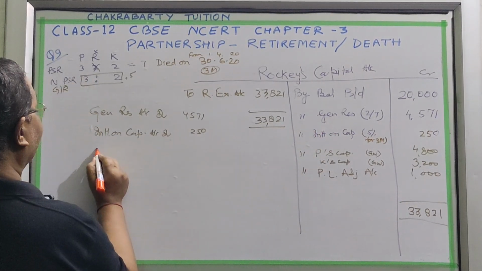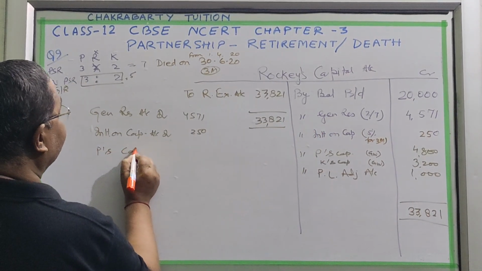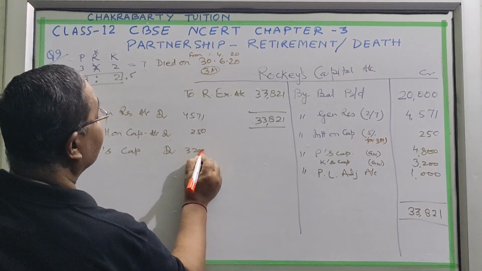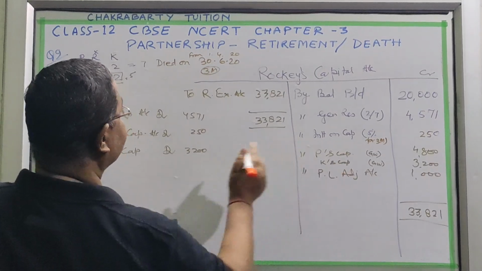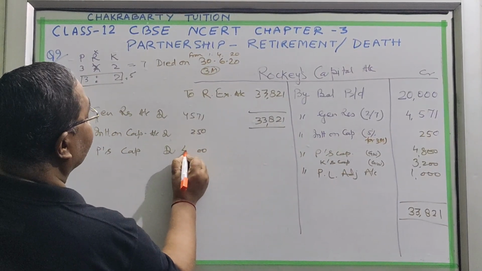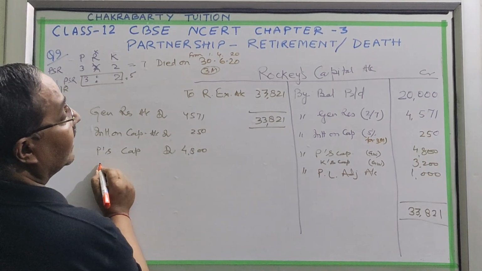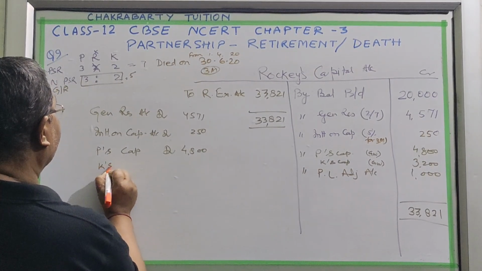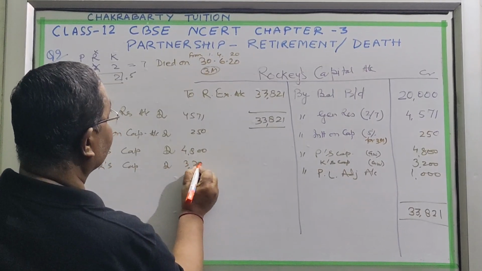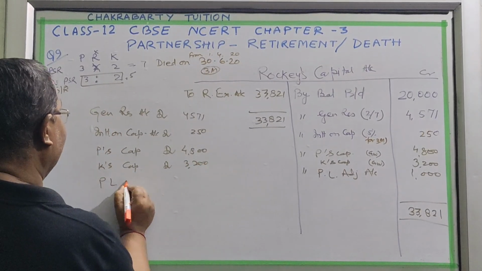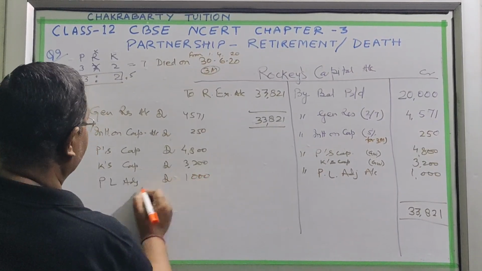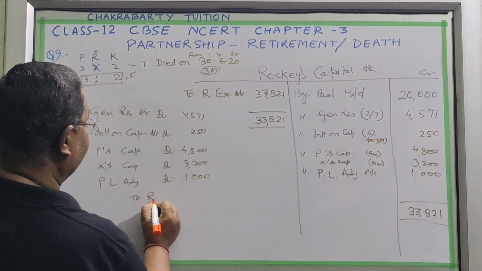Now P's capital account, P's capital debit 3,200 and K's capital debit 4,800 and K's capital debit 3,200. P/L adjustment account debit 1,000 to Rocky's capital account.